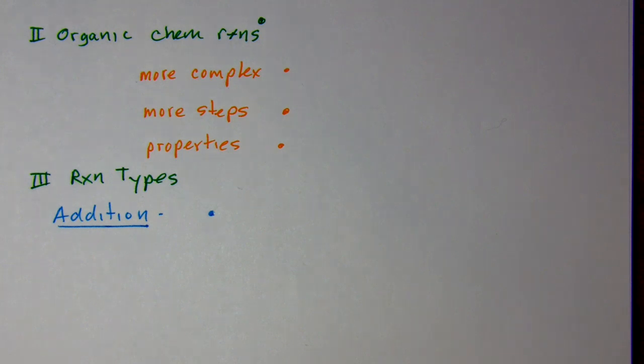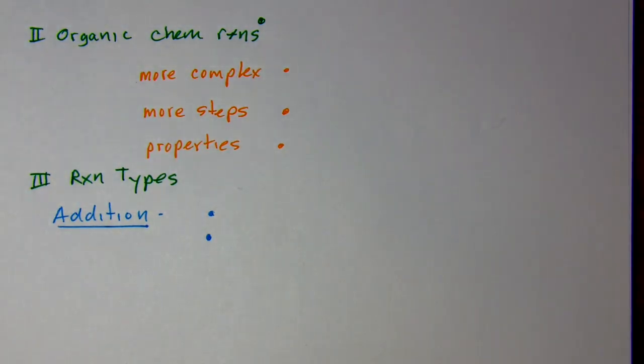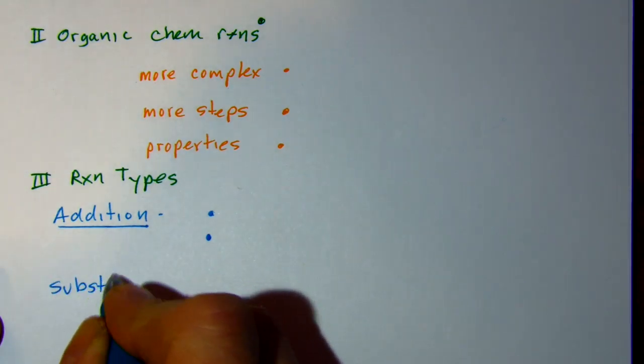When we add H2, when we add diatomic hydrogen to an alkene, we get an alkane, right? So you can add H2. Another time we might add HCl, right? So those two atoms just directly attach to an organic compound, and so we would call that an addition reaction. Another type of reaction is called a substitution.